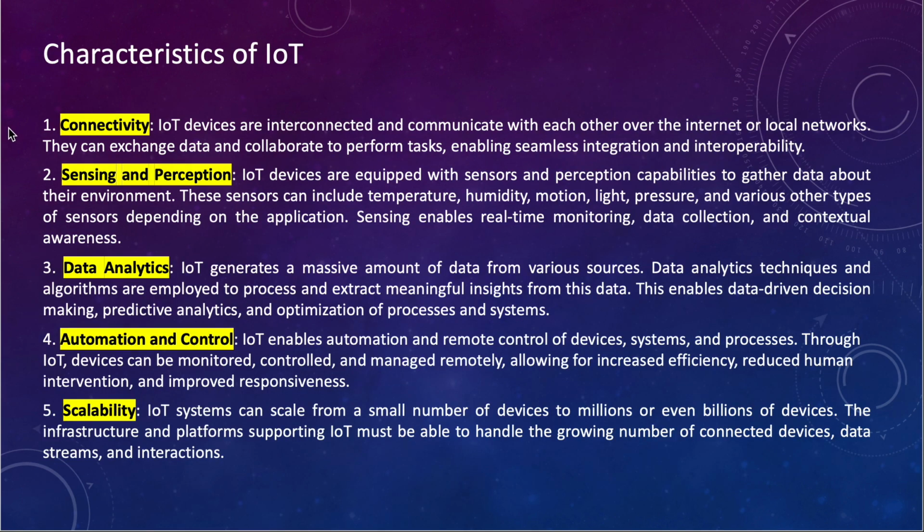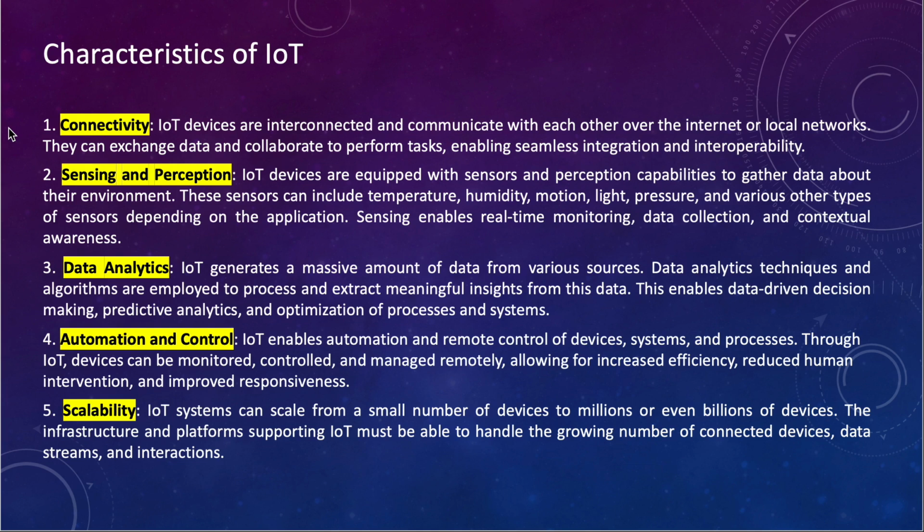Before going into applications of IoT further, we should understand what are the characteristics that we will see in IoT, or if you have an IoT application or IoT system, what are the properties that you will see.